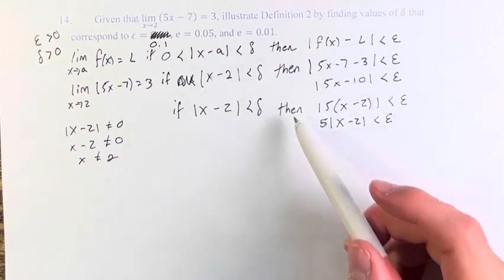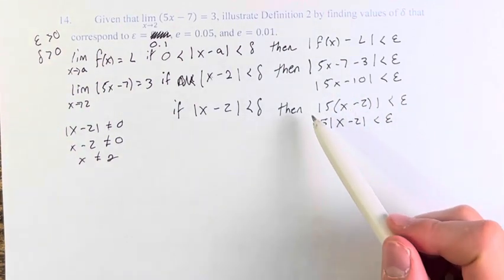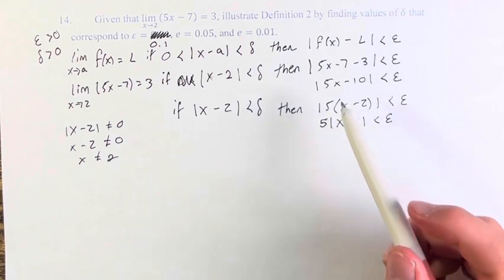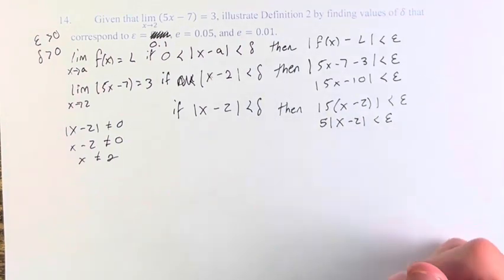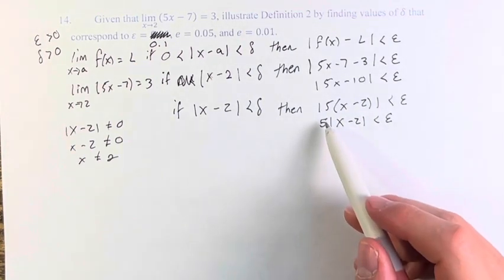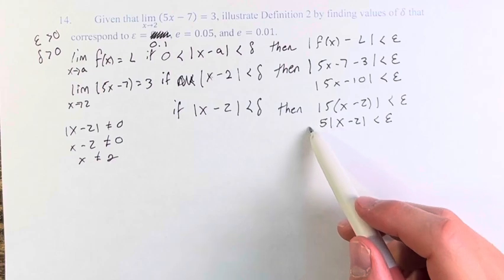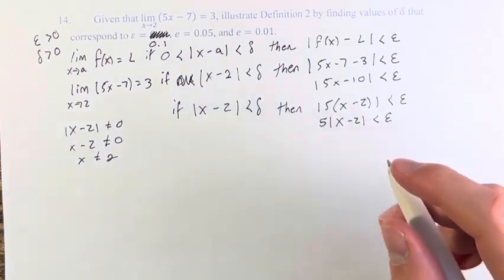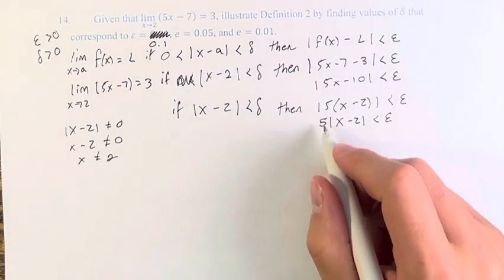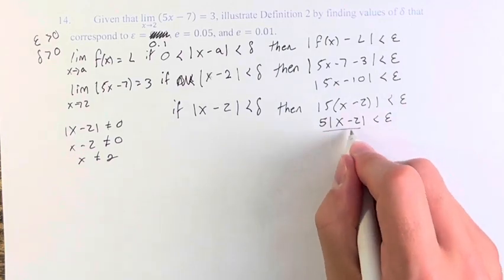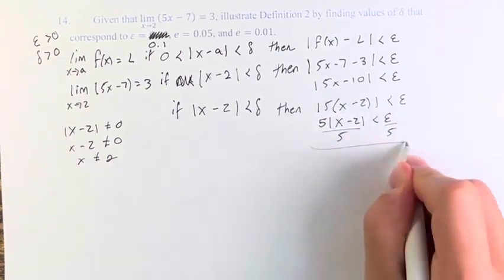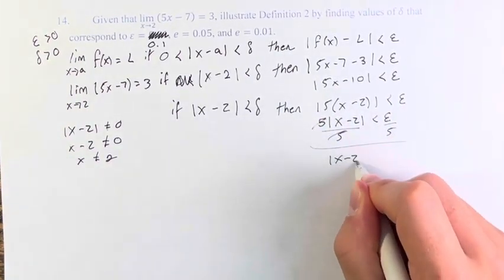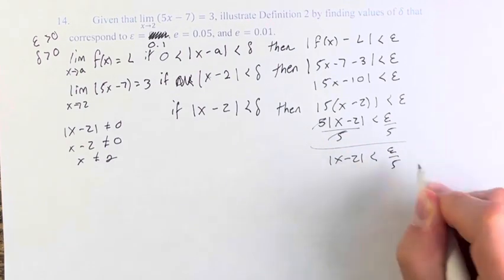Multiplying by 5 and then taking the absolute value, or taking the absolute value and then multiplying by 5, it doesn't really matter, because it's just positive no matter what. But we have 5 times the absolute value of x minus 2 is less than epsilon. Dividing by 5, the absolute value of x minus 2 is less than epsilon over 5.